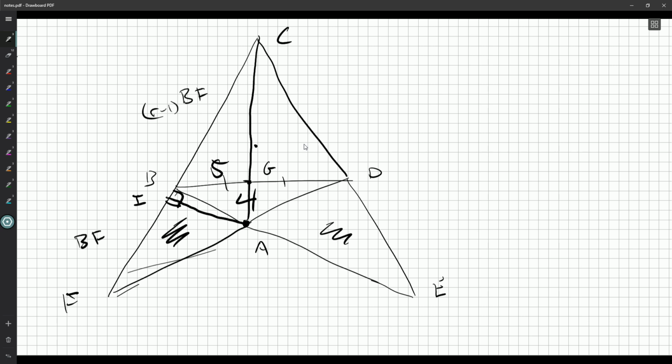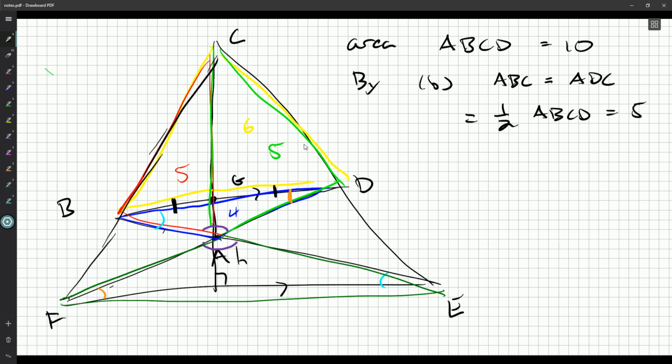Now that's the problem. I can't quite find the right ratio that I want. Hmm. Well, what if we go back and take a look at some of the other stuff?